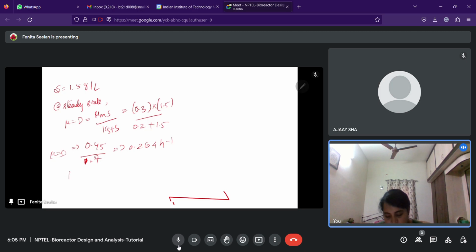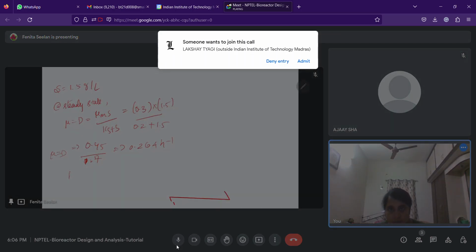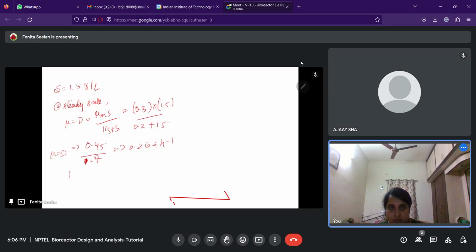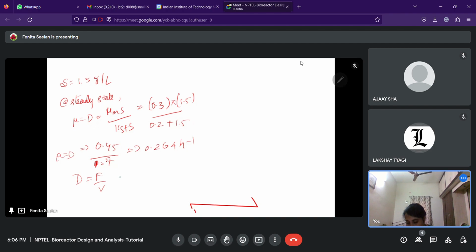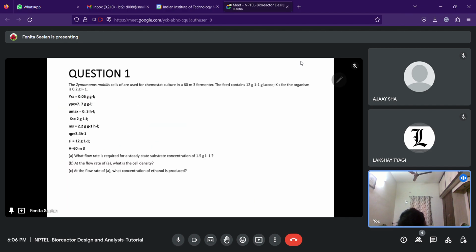So we all know that D is equal to F by V. So F by V means we have to find this one. In the given values, what is the volume? It is 60 meter cube fermenter.